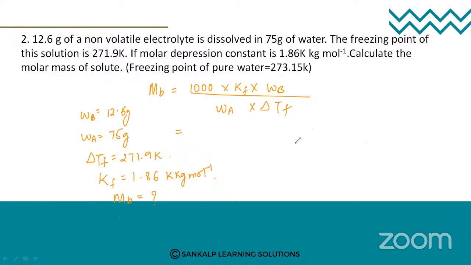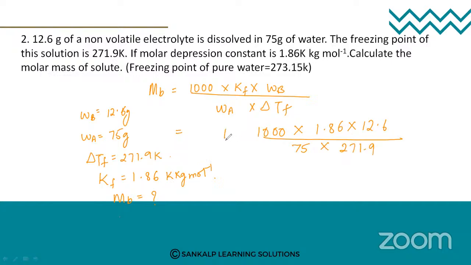So how will you put the values? 1000 into KF, which is 1.86, into WB, which is 12.6, divided by WA, which is 75, into delta TF, which is 271.9.